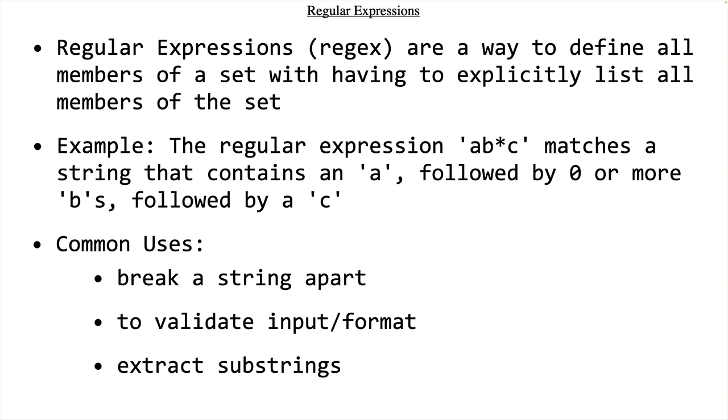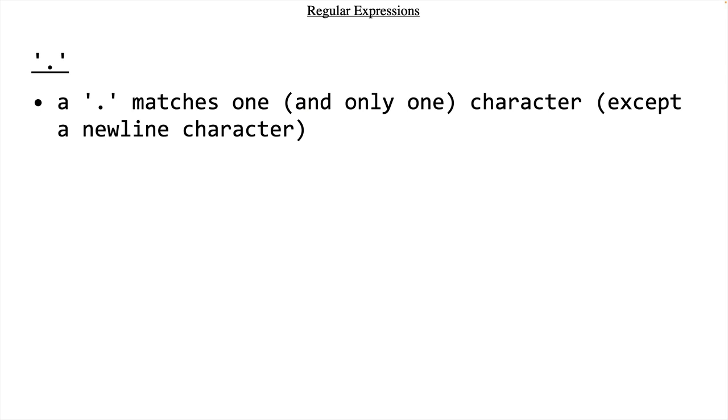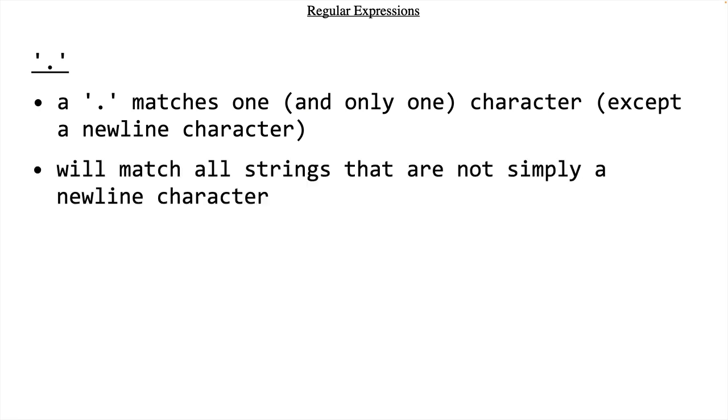Kind of the easiest or most fundamental is just a period. If you have a period in a regular expression, this means there is one character here and only one, and I really don't care what character it is, so this will match all characters with the exception of a newline character. So there just has to be some character at this location.